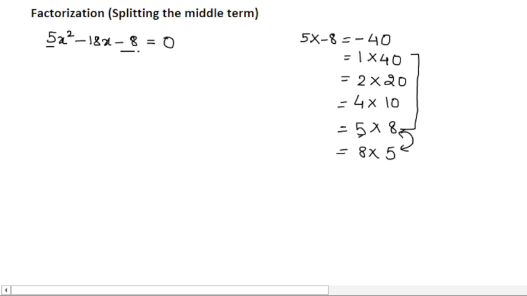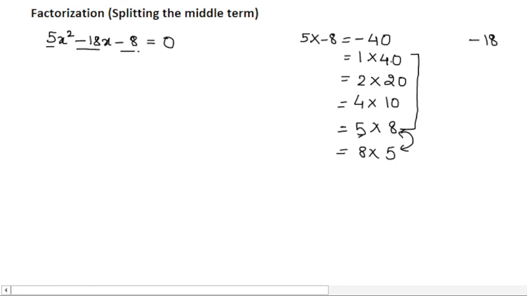After this, you take a look at the middle term, the coefficient of your linear term. So the middle term is -18. Write it aside. You must look for the factor pair which, if we add or subtract the two factors, we get this as the answer.